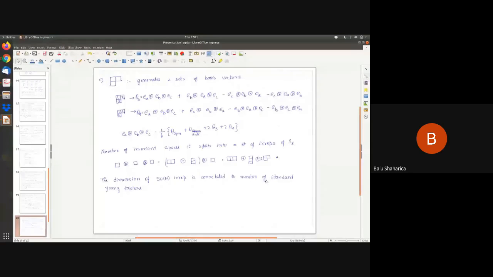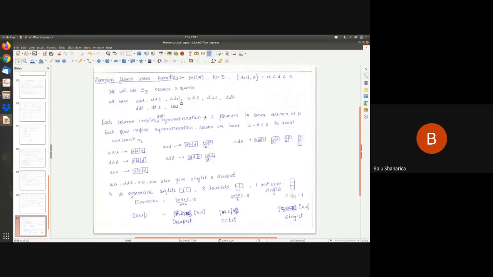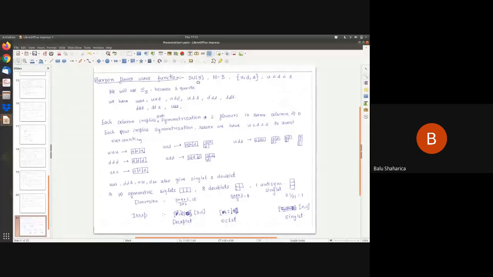So the number of direct reps of the number of stamp.